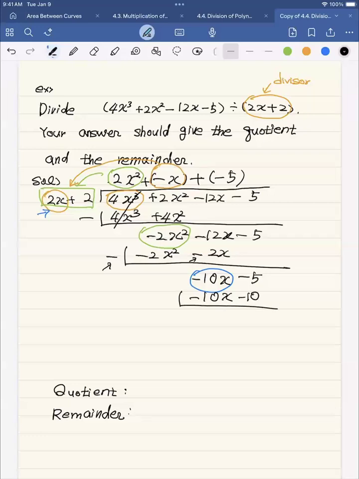We subtract, then the first one will vanish. And then this minus and this minus will make positive. So -5 plus 10 will make 5.